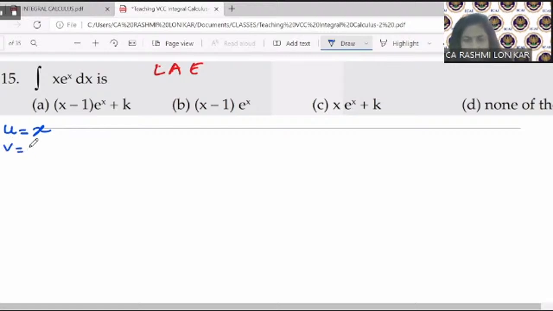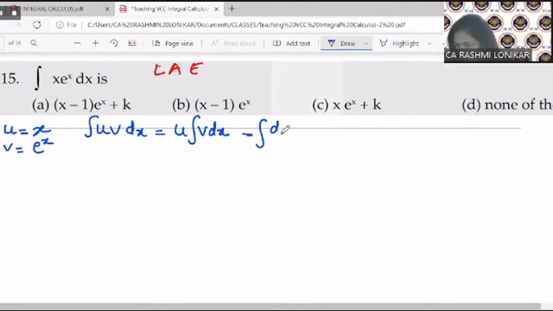What is my second function? The second function is e raised to x. I am using the rule: the integral of uv dx is equal to the first function into the integral of the second function, minus the integral of the derivative of the first function into the integral of the second function dx.